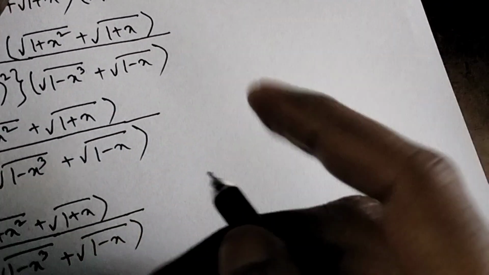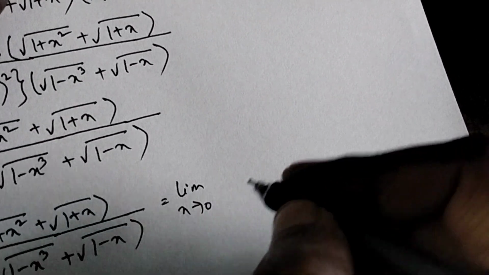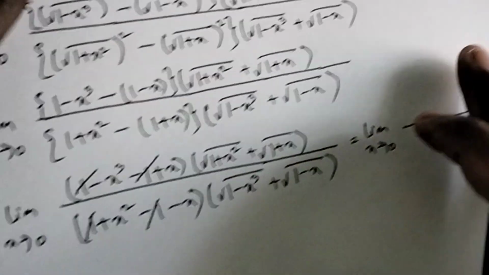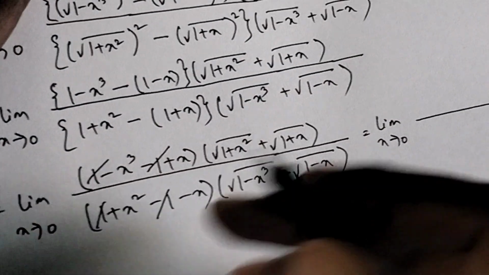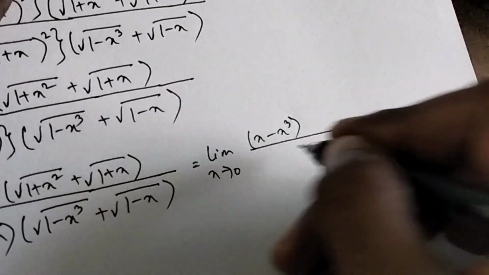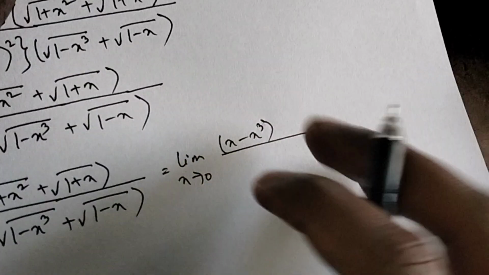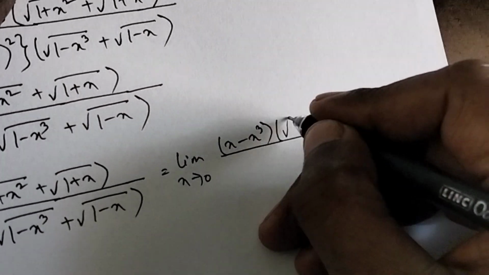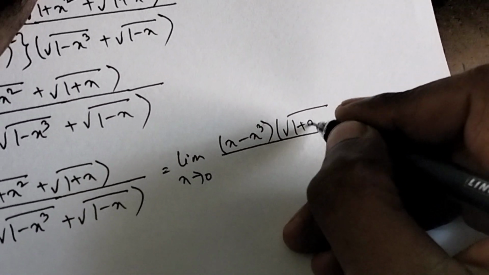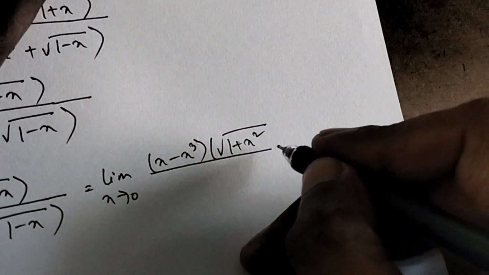So it will be limit x tends to 0. I can write this as x minus x cube, then under root 1 plus x square plus under root 1 plus x.